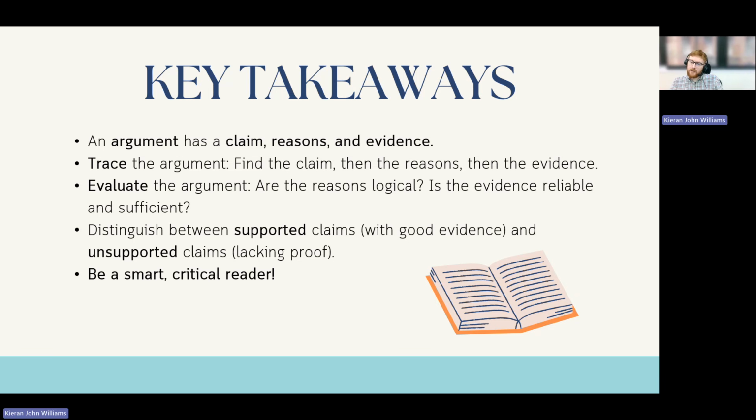Ask whether the reasons are logical, whether the evidence is reliable and sufficient, and whether it actually supports the claim. Finally, remember the difference between supported and unsupported claims. The more you practice tracing and evaluating arguments, the more confident and critical you'll become as a reader. That's what strong academic reading is all about.